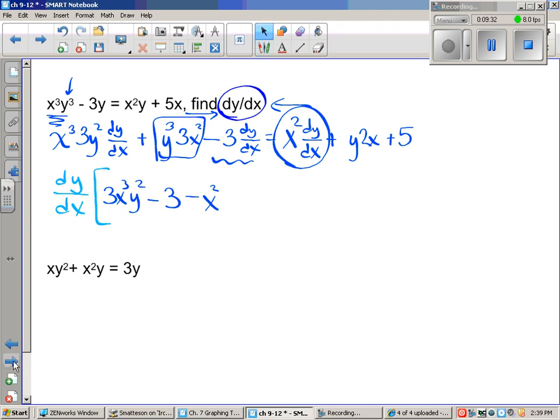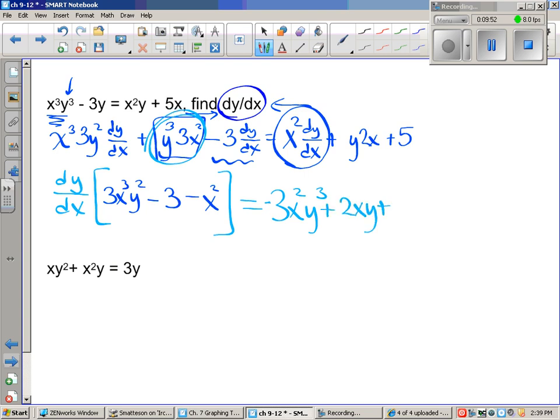Everything else that you see there is going to be held on the right-hand side. So now I'm going to put my equal sign. Again, I recognize that this term, 3x squared y cubed, is going to appear on the right-hand side, and it would be a negative because that's how we brought it to the other side. Plus, we have 2xy plus 5.